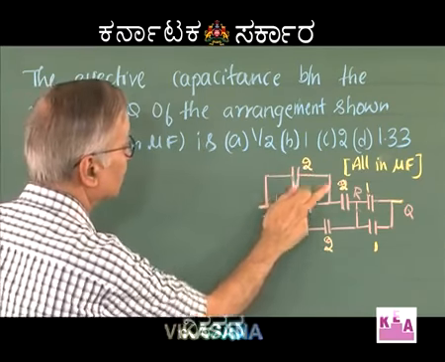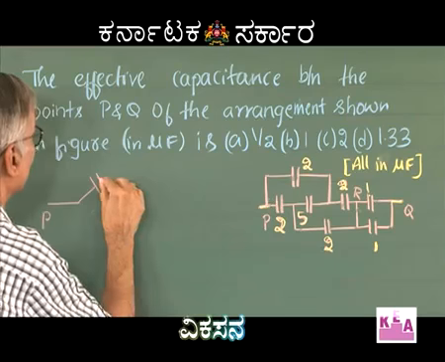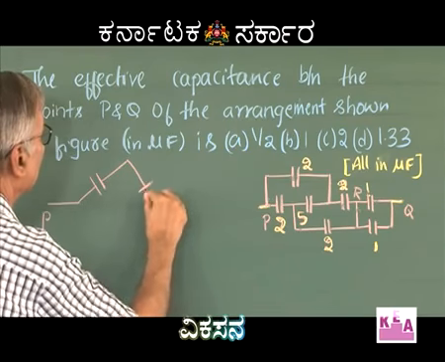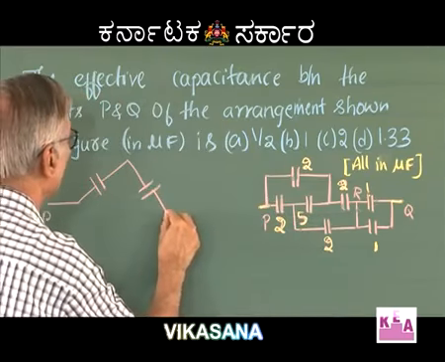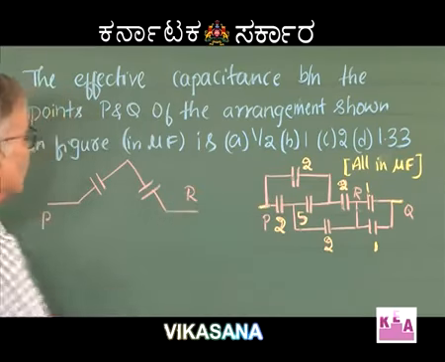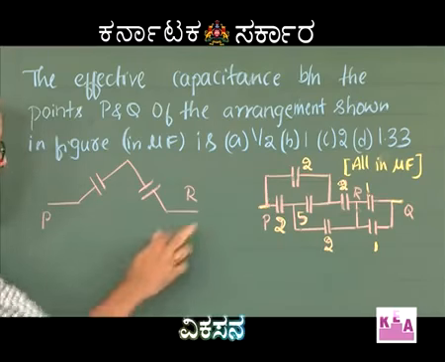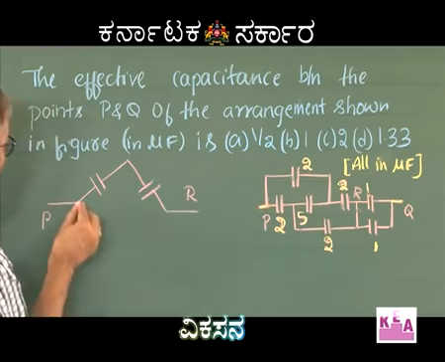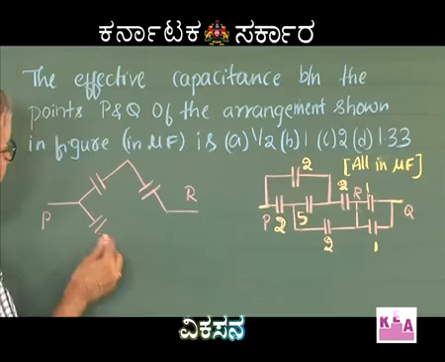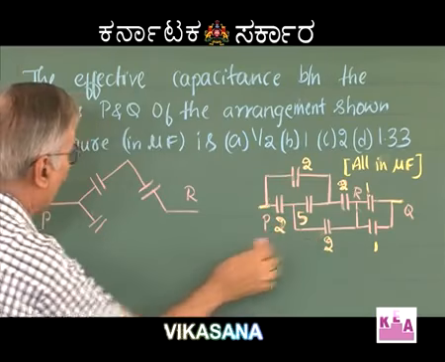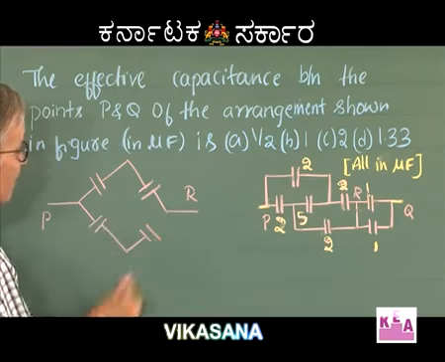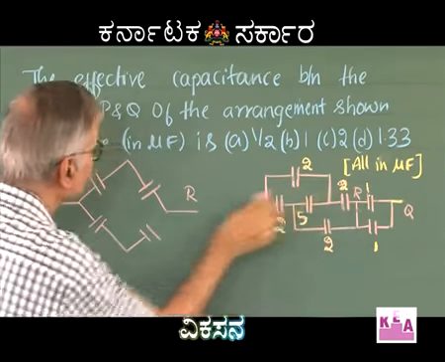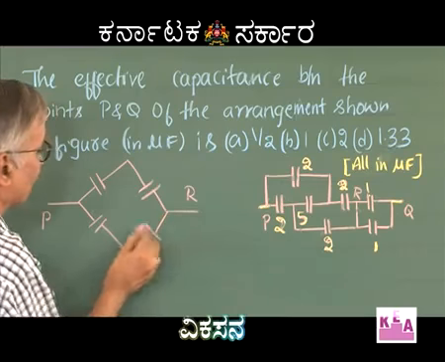That capacity is connected to the next capacity, where the next capacity is connected to the point R as shown in the figure. Similarly, P is connected to one more capacity on the other side. That is connected to another capacity over here. This is another capacity. Then that is again connected to the point R.